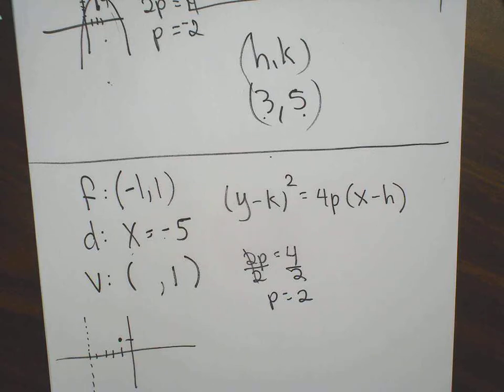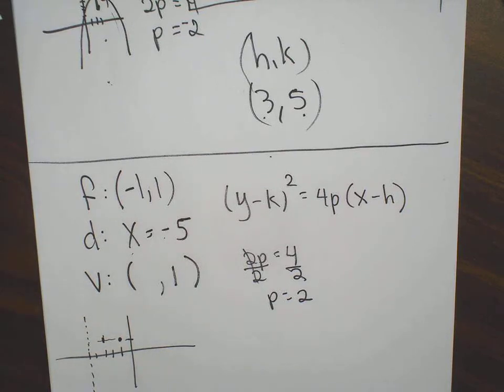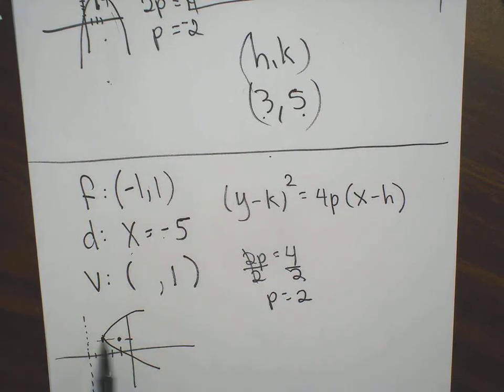Inside the bowl. So if this is a length of 4, halfway between there I have my vertex. So should this open to the left or to the right? It should open to the right. So P is going to be a +2. This is the length, and then we apply the sign for direction. So P is a positive 2.